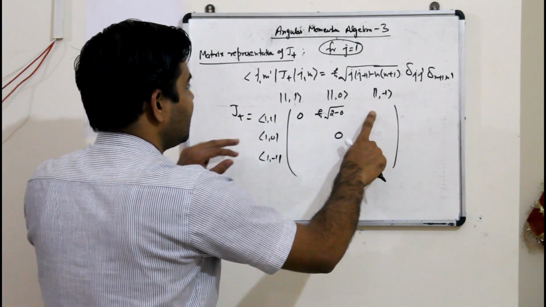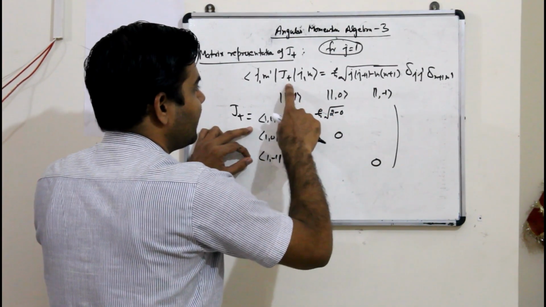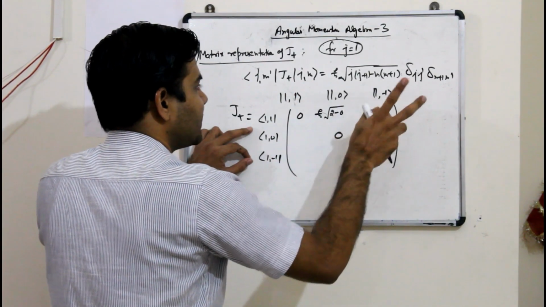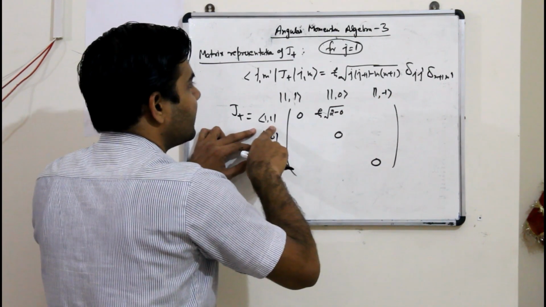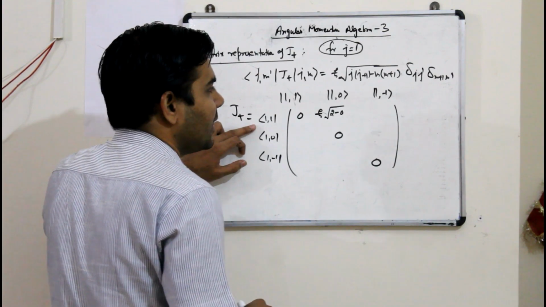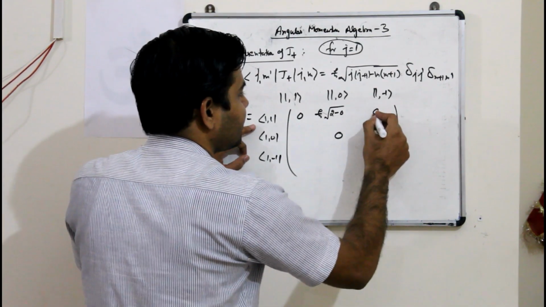For this case, if we check, m is minus 1, J plus acts on it, it will raise m by 1, it will make it a 1 comma 0 kind of state, and when we take the overlap with the 1 comma 1 state, this will again give me 0.